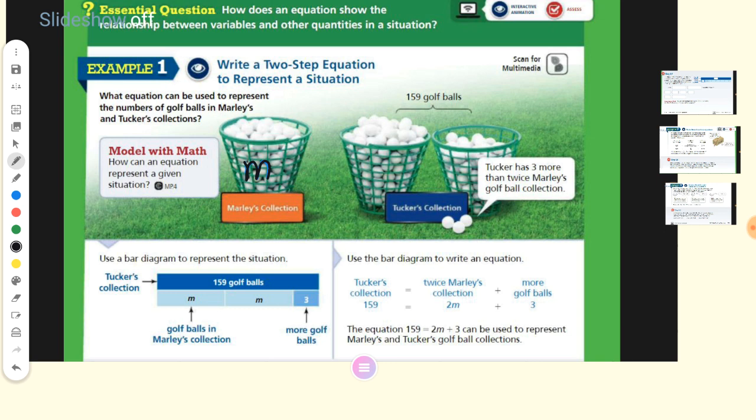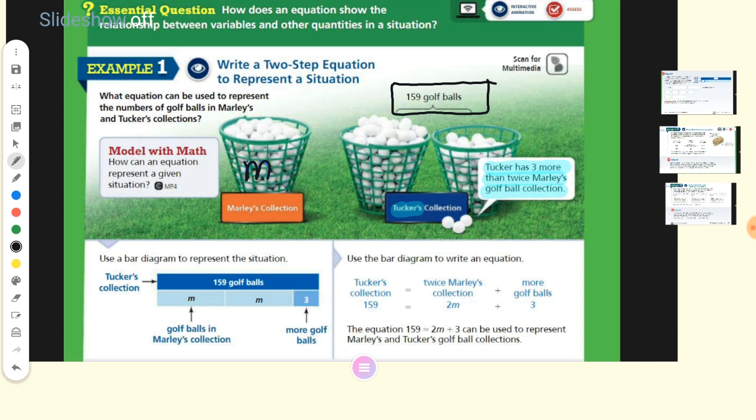The second gives me the total of the balls, which is 159. He already calculated them and described it in words. He told me Tucker's has 3 more than twice Marley's. 3 more, twice more. How do we write it? 3 more. More means what?